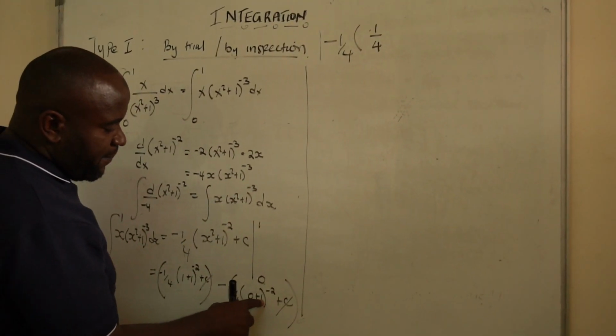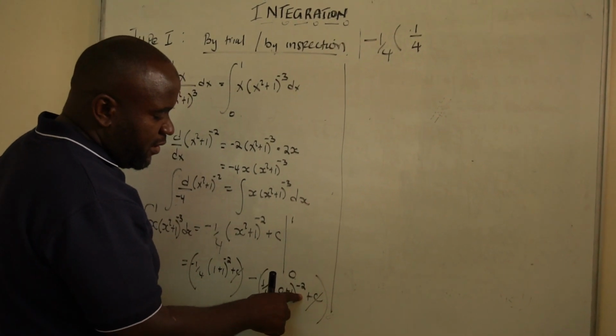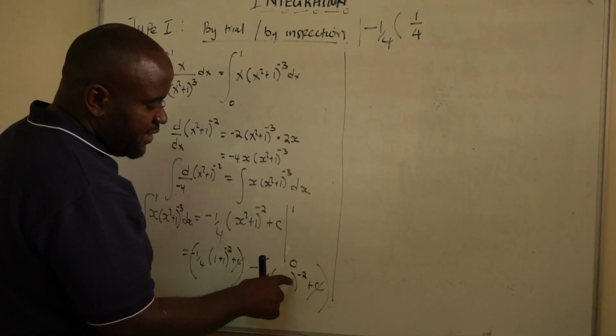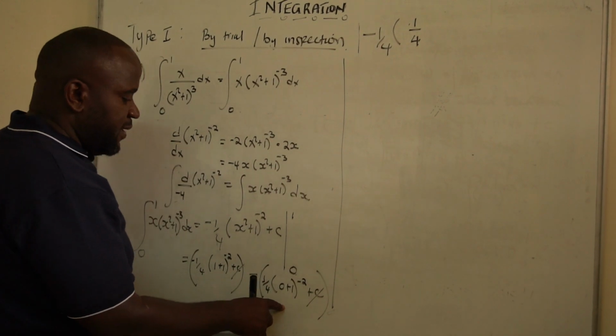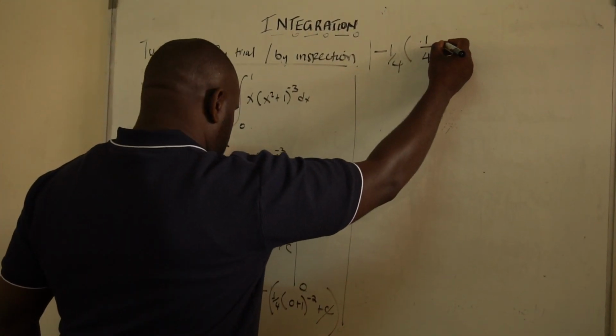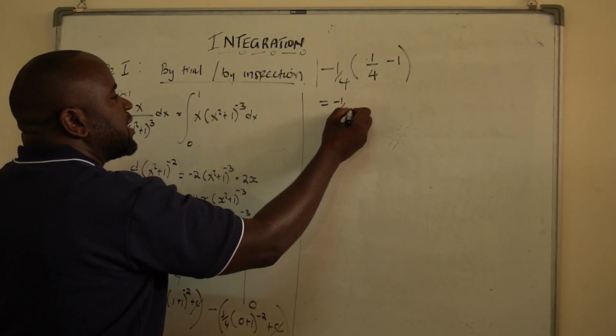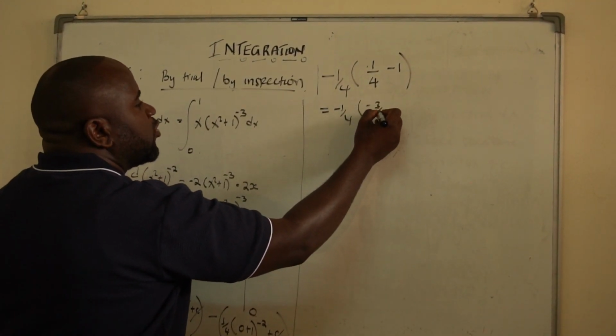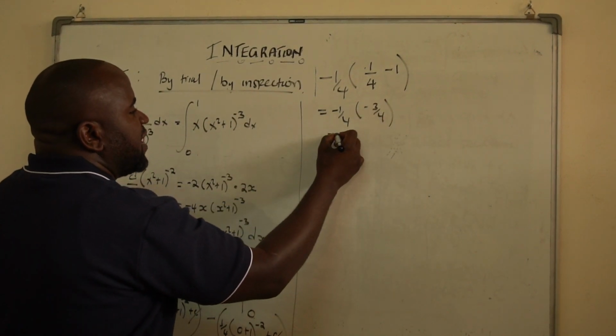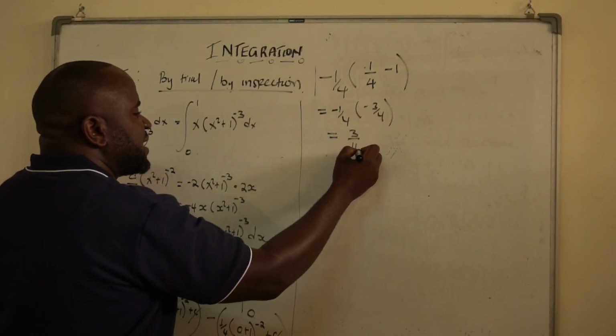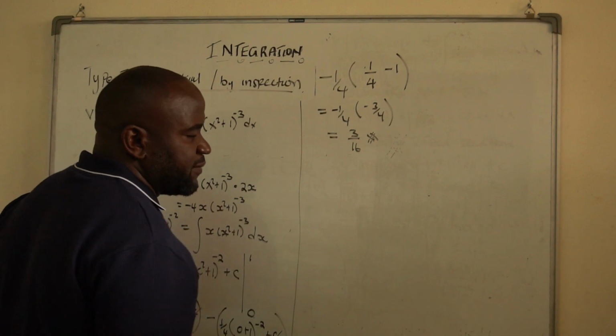Then this is 1 power negative 2. Any number power 1 power any number, you get 1. This is the same as 1 over 1 squared. So it's going to be minus 1. So we shall realize negative a quarter into negative 3 out of 4. And the answer is going to be 3 out of 16 as our answer.